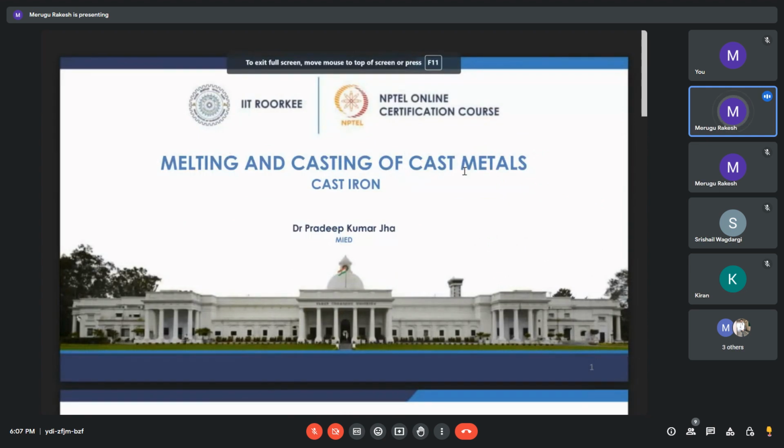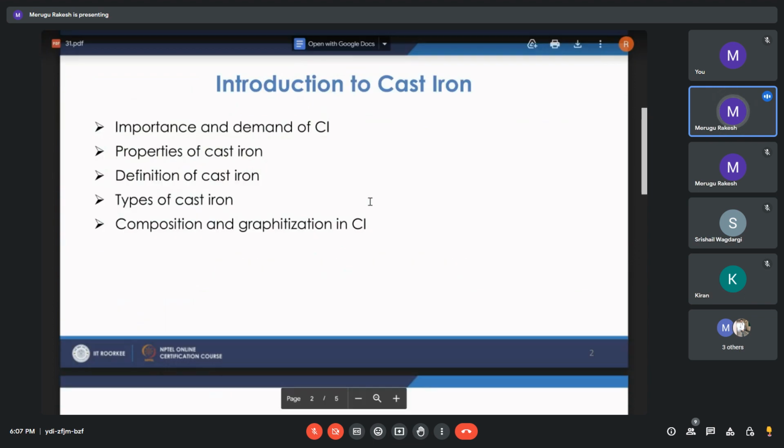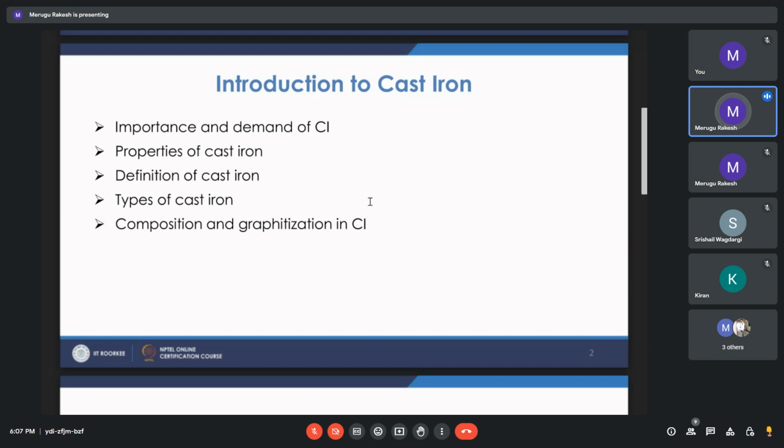So the first lecture is about cast iron, different types of cast irons, their melting, what their microstructures are, and what the significance of graphite is in cast iron. Cast iron is one of the materials mainly used for damping purposes, and it is the heaviest component produced in the iron industry.